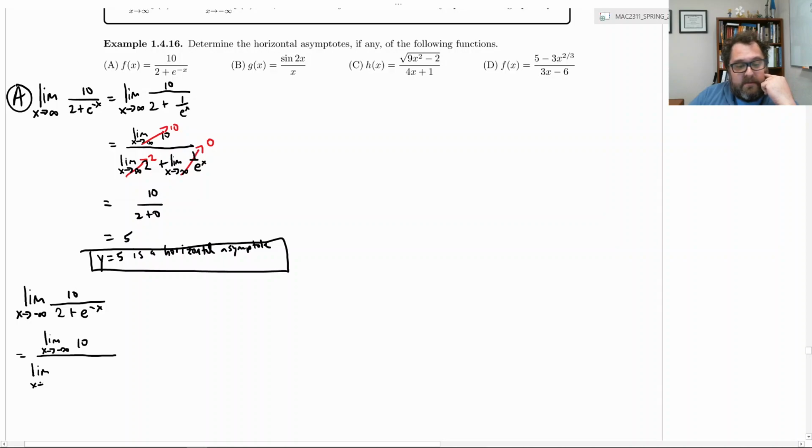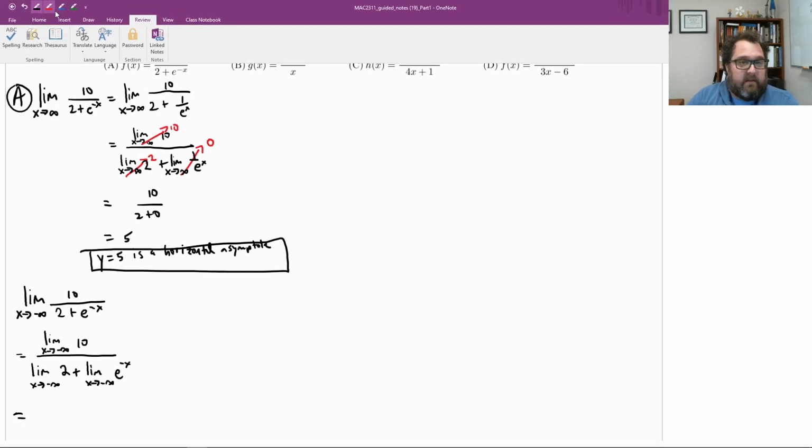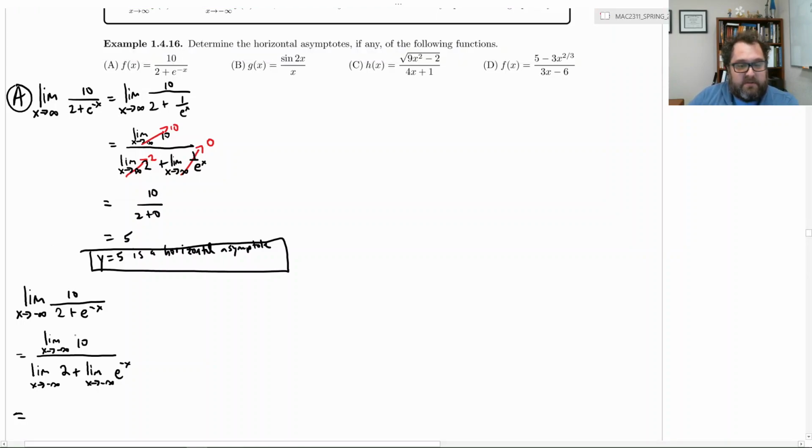The limit as x approaches negative infinity of 2 plus the limit as x approaches negative infinity of e to the negative x equals. Now, of course, we have the limit of two constant functions. So that limit goes to 10. That limit goes to 2.